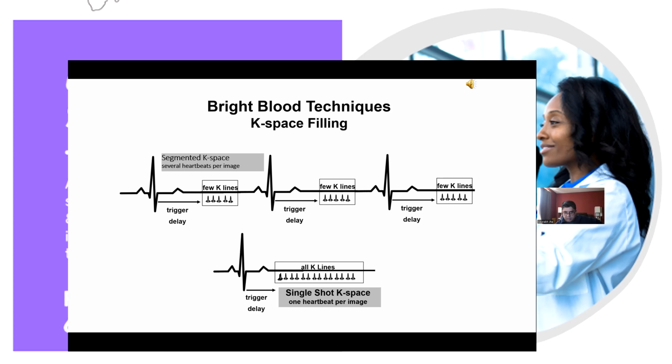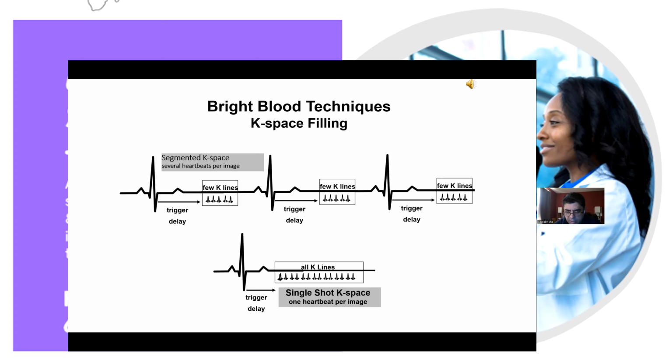So you can instantly see there are some trade-offs over here. One is that the acquisition time depends on the number of lines of K-space you require per heartbeat and the phase matrix. If you shorten your phase matrix, your acquisition time is shorter. If you lengthen your phase matrix, your acquisition time is longer. As you know, in MRI there are always trade-offs. There's no free lunch, although sometimes you get dessert, second helpings when you don't really need it.